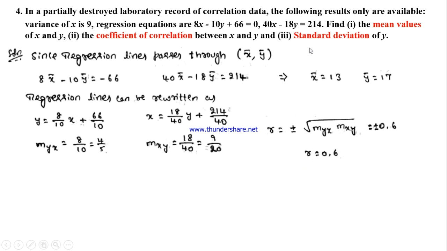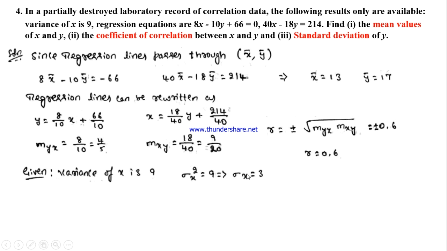The next part of the question is find the standard deviation of y. To find this one, we can make use of the given, that is variance of x is 9, which means sigma x square is equal to 9, which gives the standard deviation of x, which is 3.